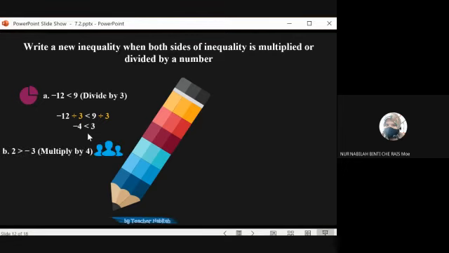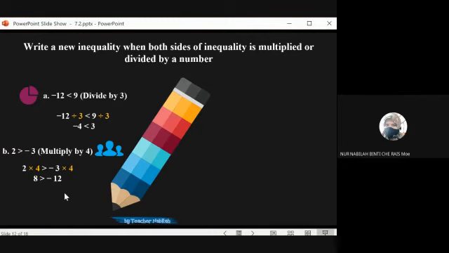Another example. 2 more than negative 3, and we want to multiply by 4 on both sides. So 2 times 4 more than negative 3 times 4. 2 times 4 equals 8, more than negative 3 times 4 equals negative 12.